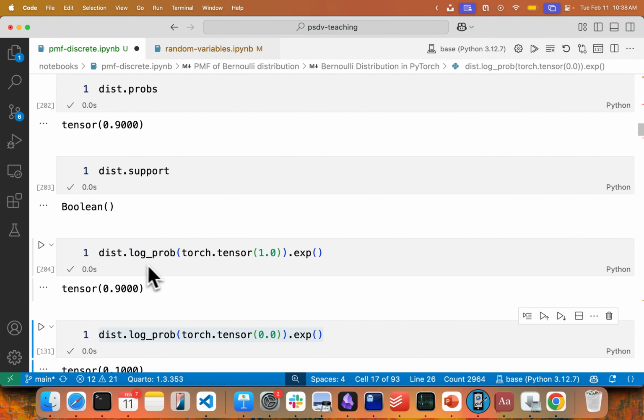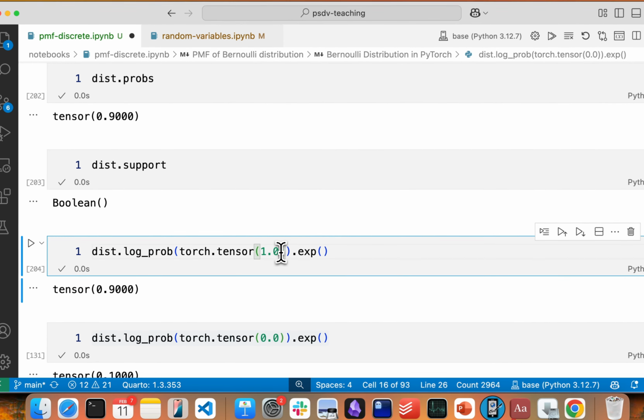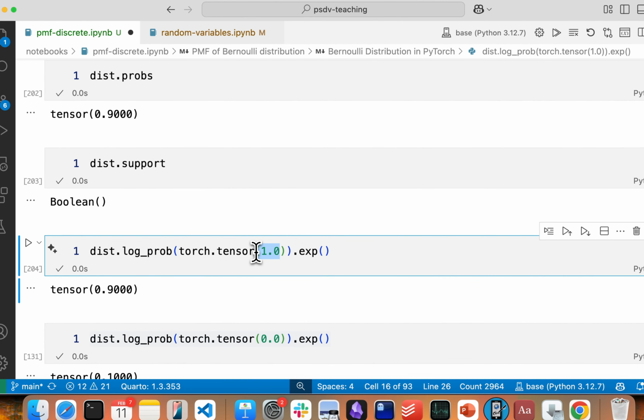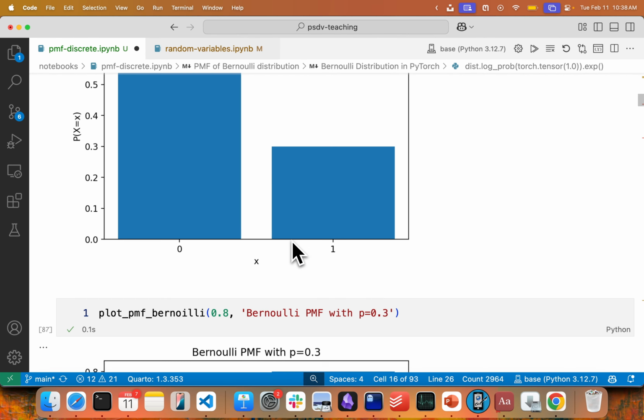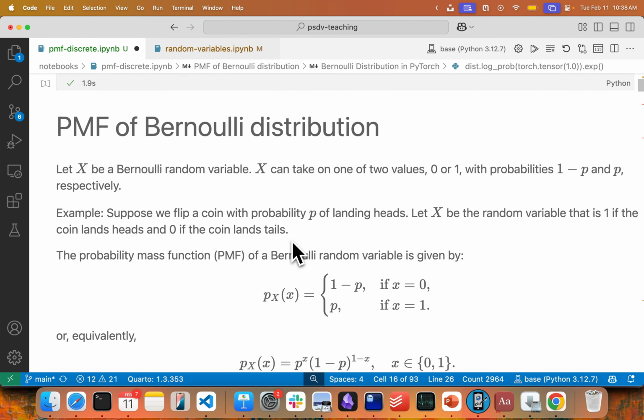So what this is telling me is, this is equivalent of what is the probability mass function evaluated at the value 1. Going back to the definition, this is equivalent of saying what is p_X when x equals 1.